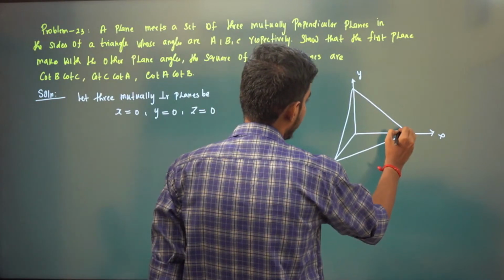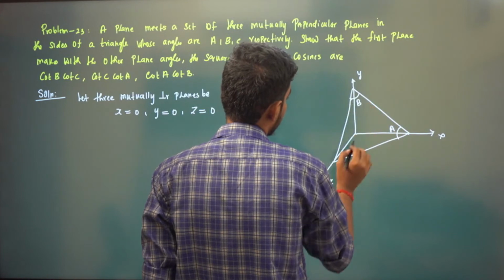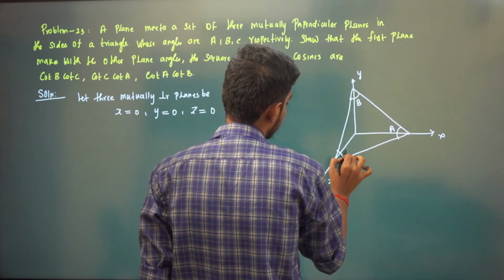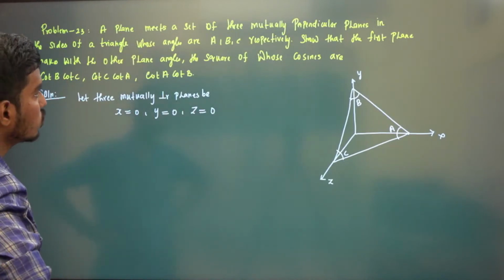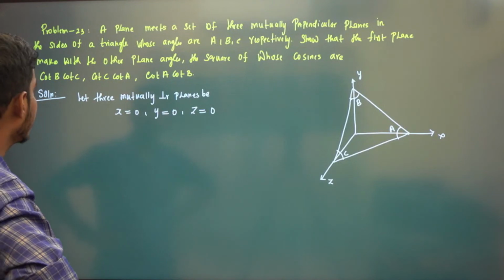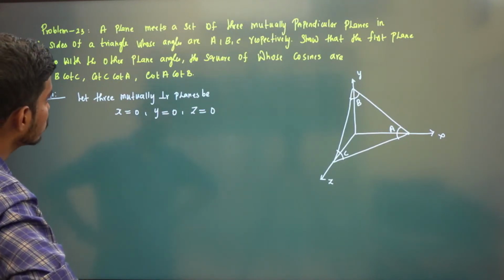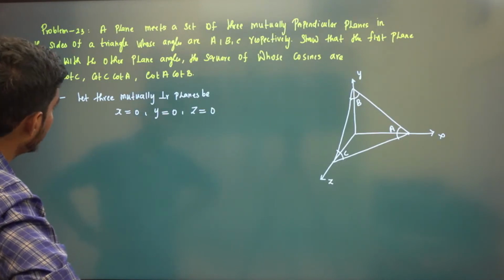So this makes an angle A, this makes an angle B, and this makes an angle C. Show that the first plane makes with the other planes angles the squares of whose cosines are cot B cot C, cot C cot A, cot A cot B.